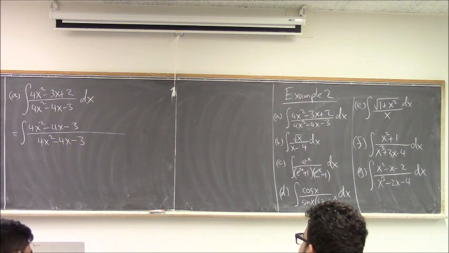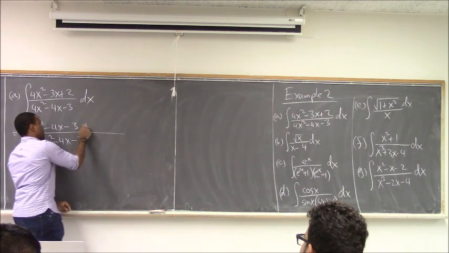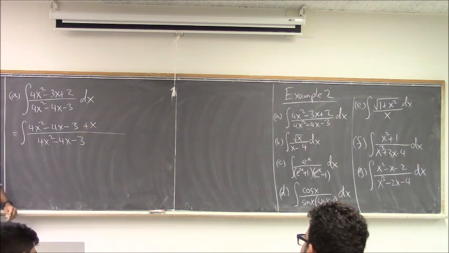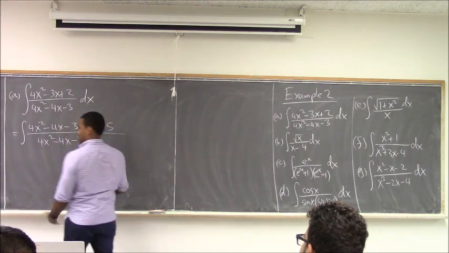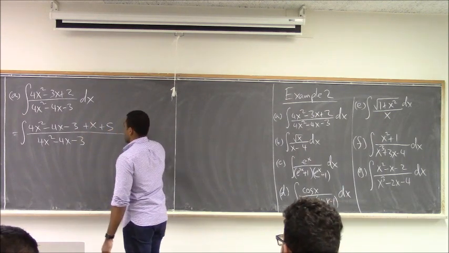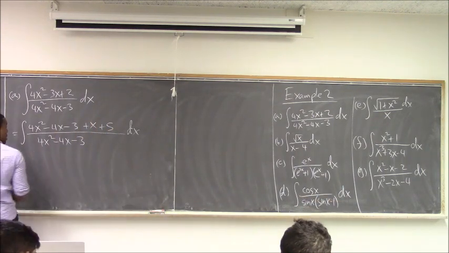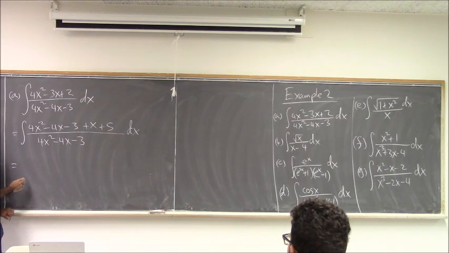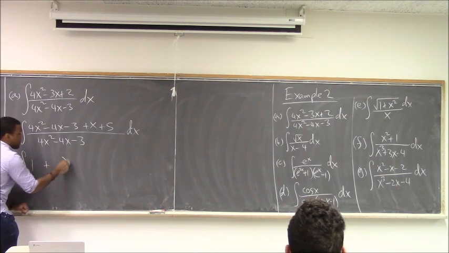Now you just kind of see, what do I need to add or subtract to get back to the original? So here I have a minus 4x. The original is minus x. Add 3x, and add 5. Right? So this breaks up into what? 1 plus x plus 5 over that.